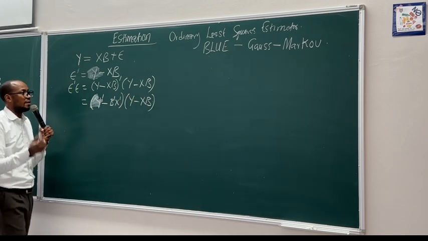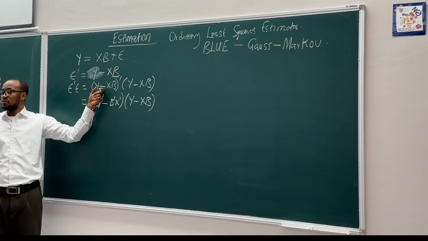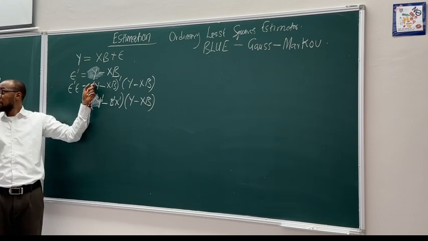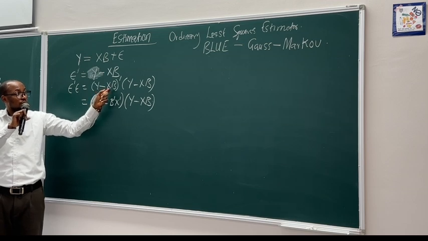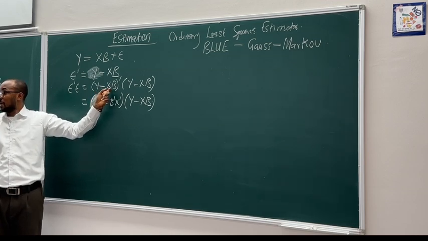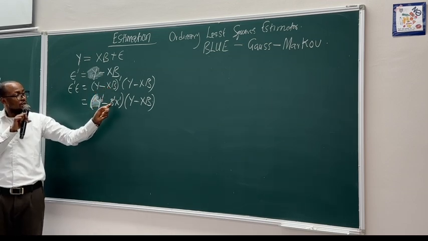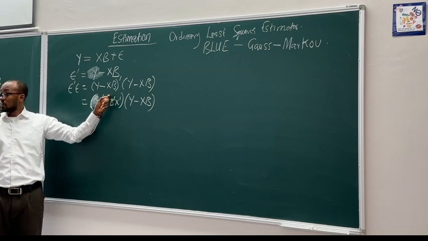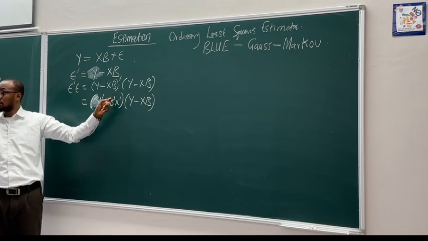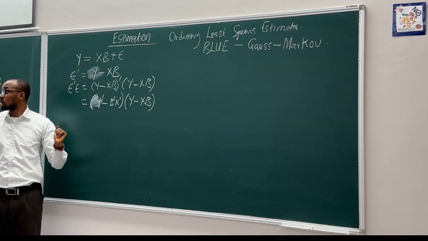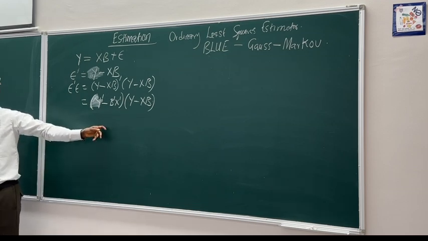When you are transposing this matrix, what happens? You transpose them individually. You transpose y. But when you are transposing these two, because they are multiplying themselves, what happens? The b transpose is written first before the what? The x transpose. So please, I'd like you to make note of that.